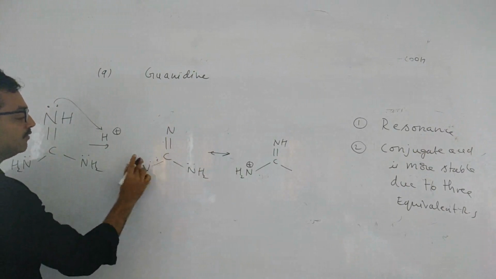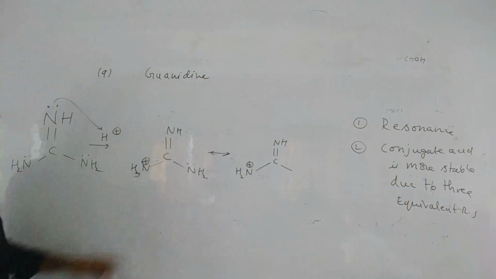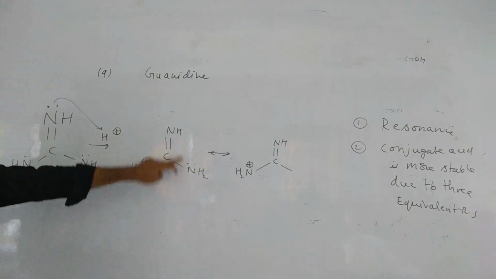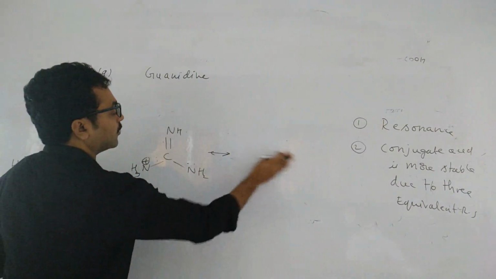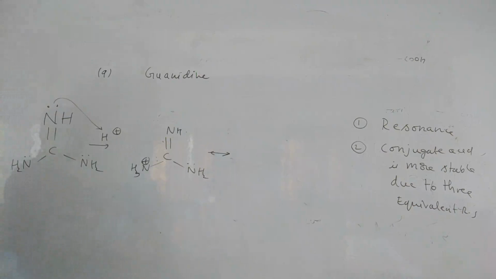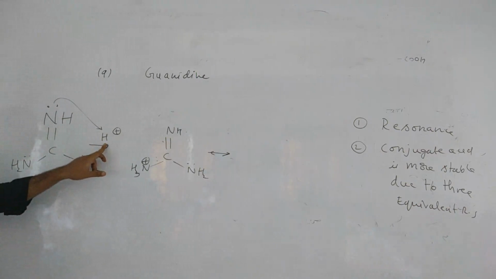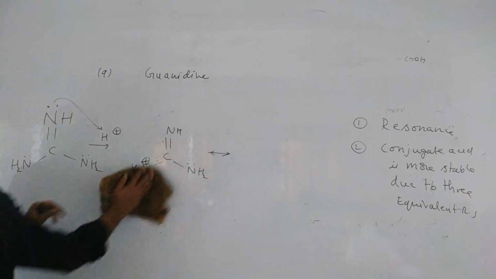This will take a nitrogen, so you will get NH3 plus single bond, C double bond NH, NH2. Where are the resonating structures? This is taking H plus, so this is only more protonated now. One second.